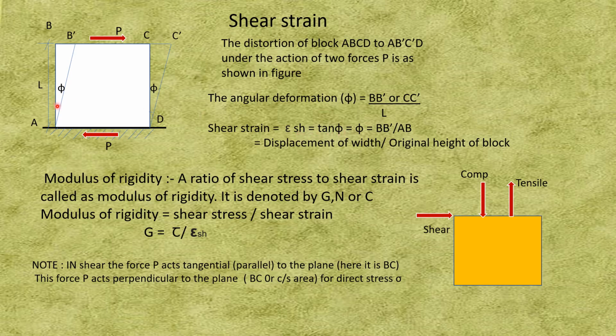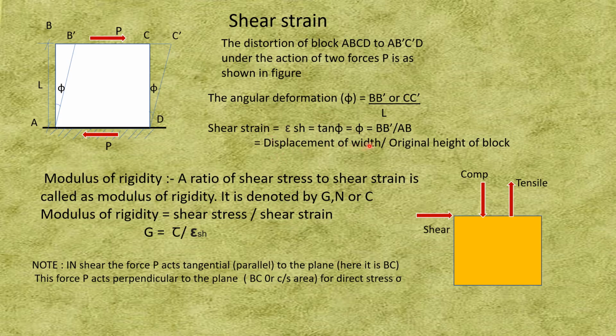This tan phi is so small that it can be taken equal to phi, and this will be BB dash divided by AB. We can very easily see here, tan is the opposite side BB dash divided by the adjacent side AB, front side divided by the adjacent side.